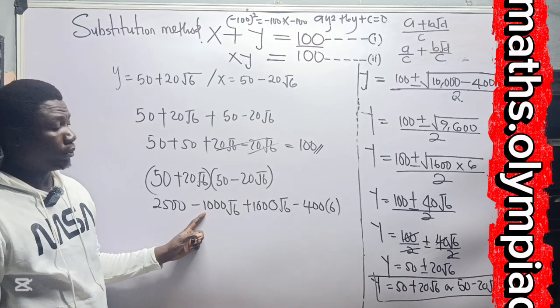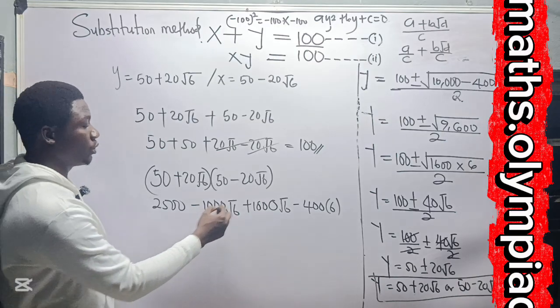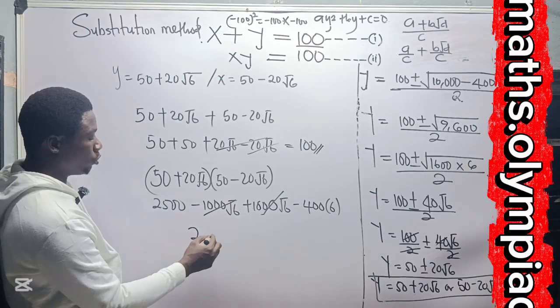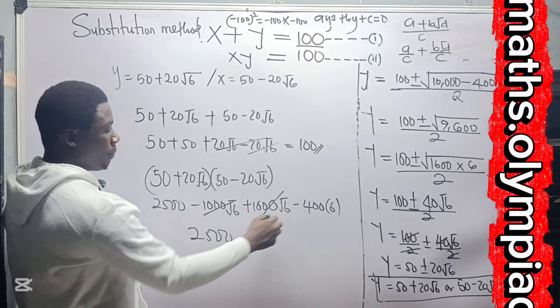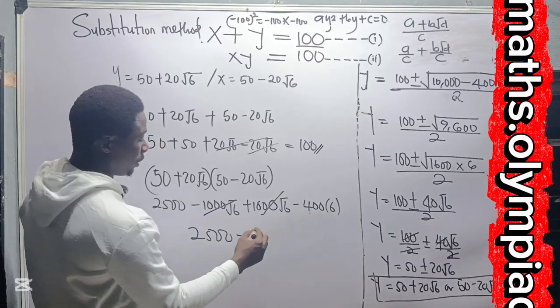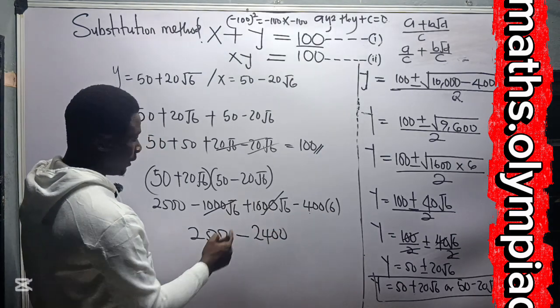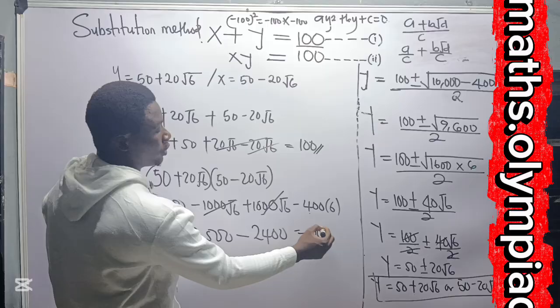Minus 1,000 root 6 plus 1,000 root 6 will give us 0. So you have 2,500 minus 400 times 6, which is 2,400. So if I minus it, I'm going to get 100.